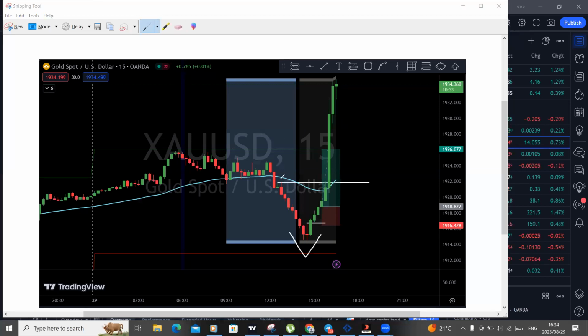B bottom, safe buy here, TP here. Yesterday's low here.